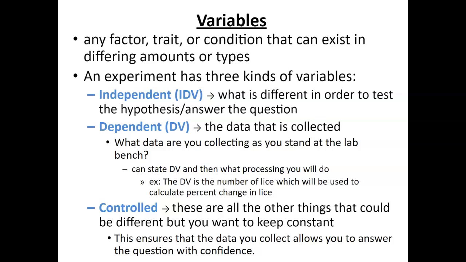For example, if the dependent variable is the number of lice, you would need to state that, the number of fish lice, because that's what you directly counted. But you can say you will later use that to calculate the percent change in lice. Controlled variables are everything else that you keep constant, because if you did not hold them constant, you wouldn't know what's causing the dependent variable to change.